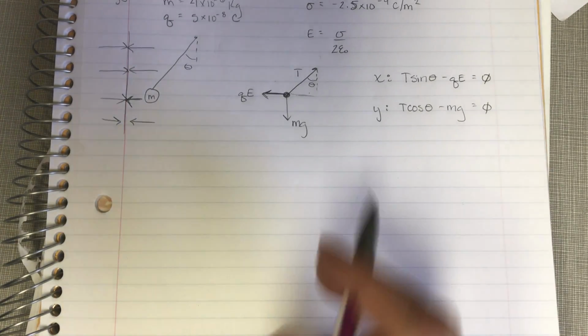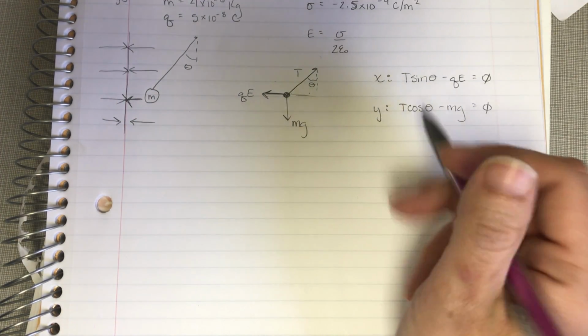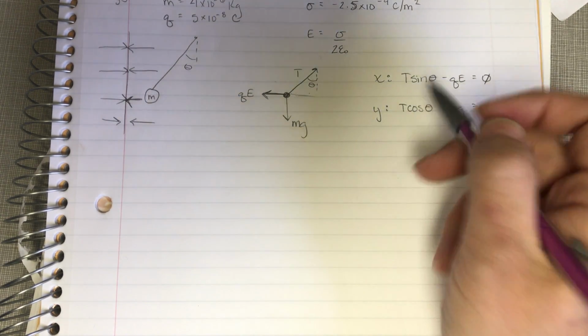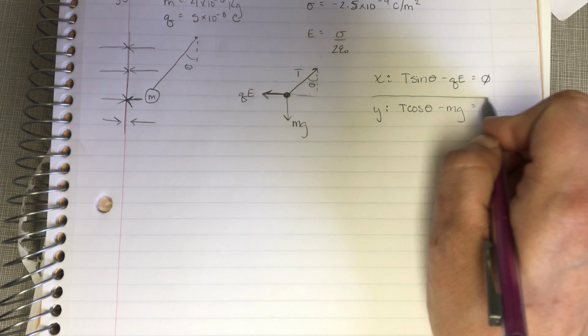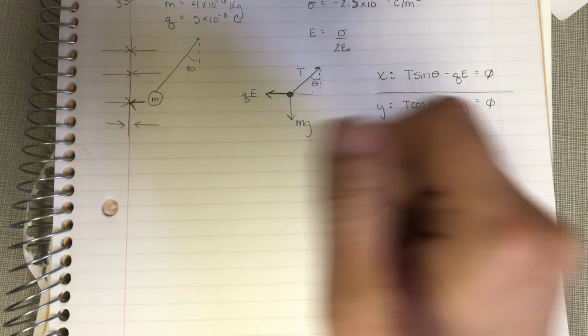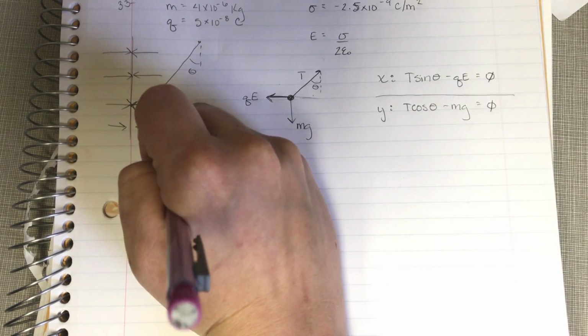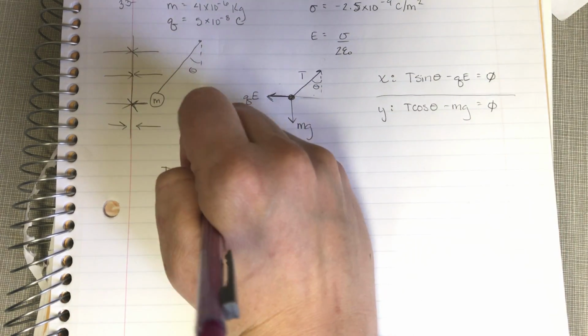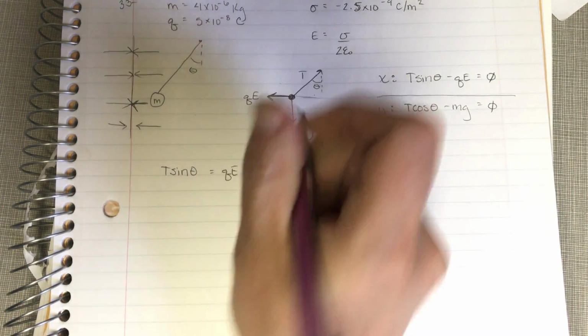Alright, so now we can solve the system of equations. I'm lazy, so I'm a big fan of dividing them, but we're going to write them out first. We have T sine theta, move our QE to the other side, is equal to QE.